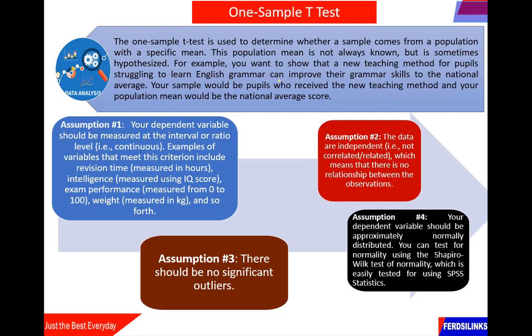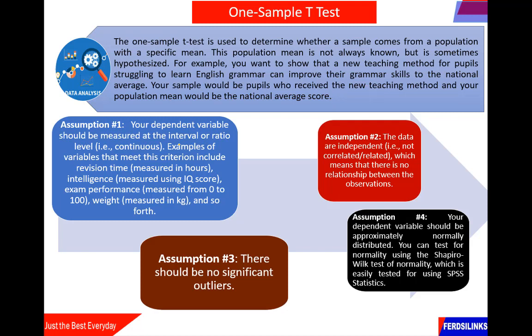This population mean must always be known, but sometimes we hypothesize the situation. For example, you may want to show that a new teaching method for people struggling to learn English grammar can improve their skills to the national average. So we have the national average, and you are introducing your teaching method so that we see how it affects the overall scores of students.